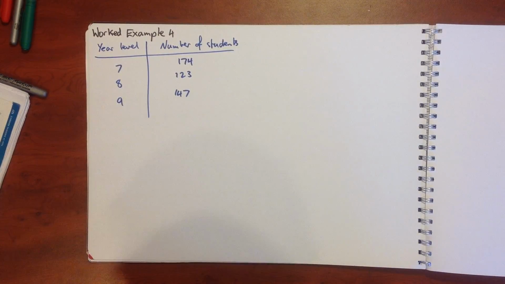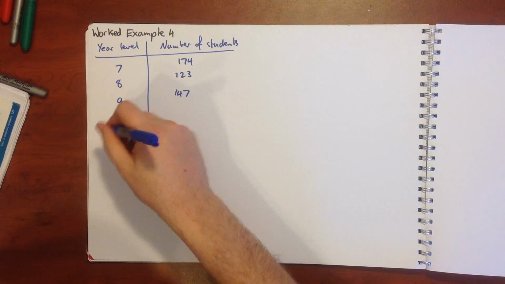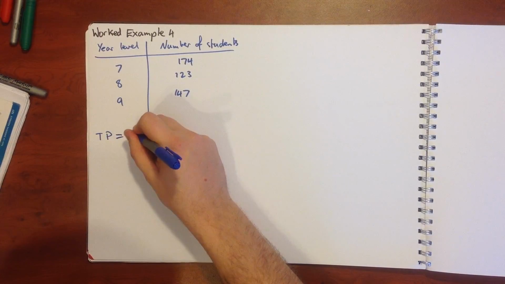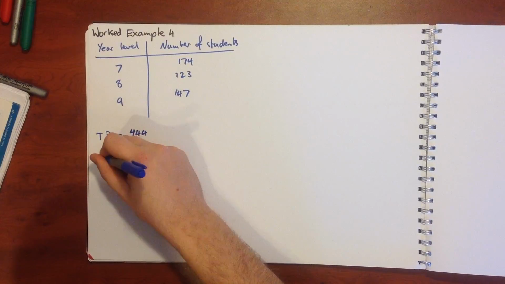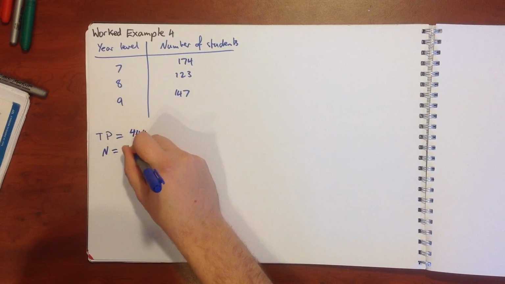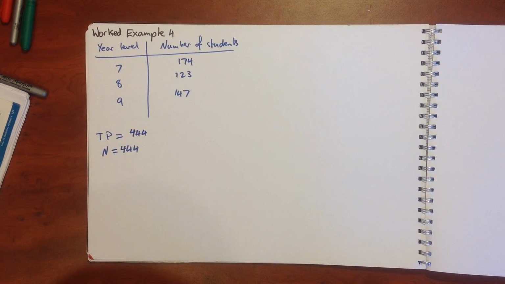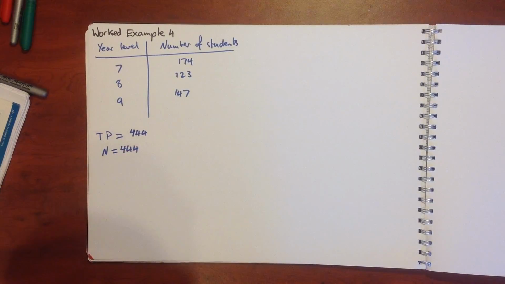Okay, so when we add them together, our total population is going to be 444. Sorry, and that's really our N. Our capital N is 444. So our number of year 7s, we want the same proportion.